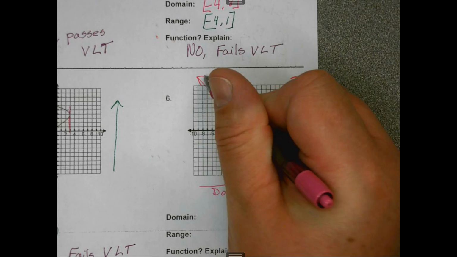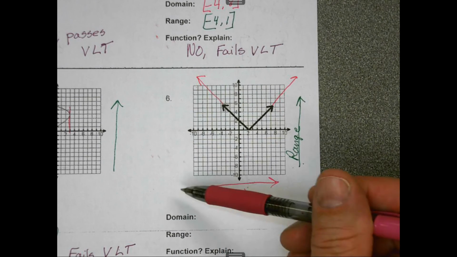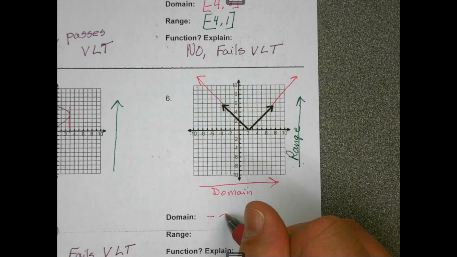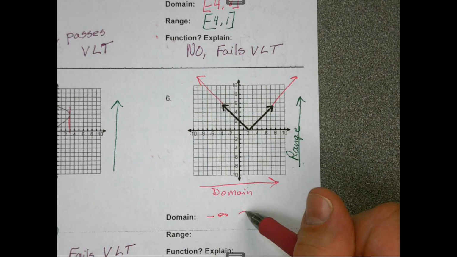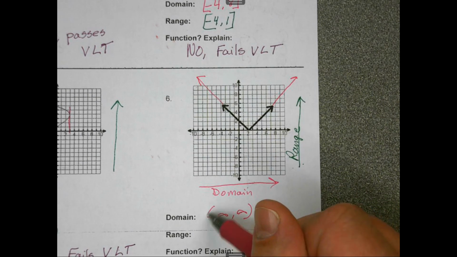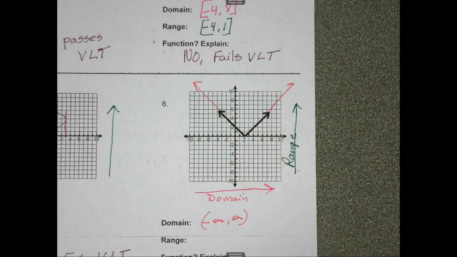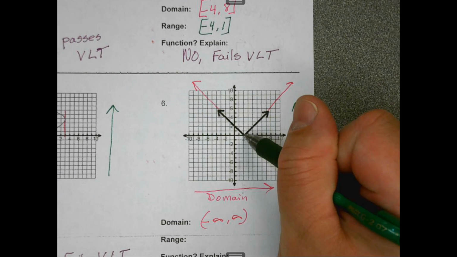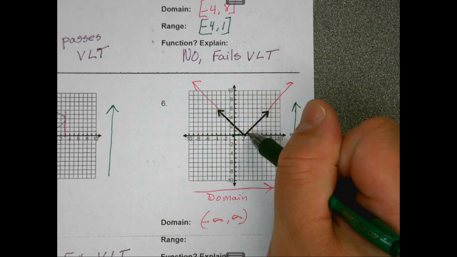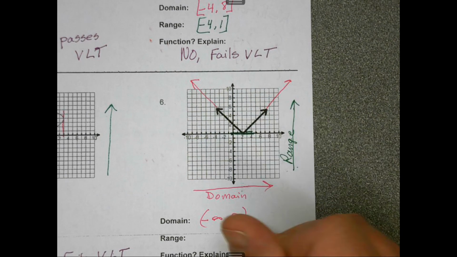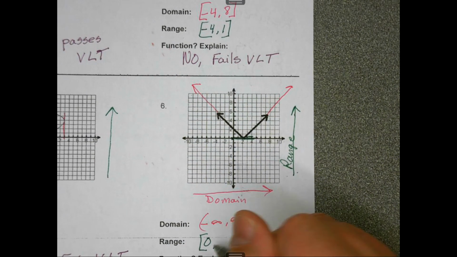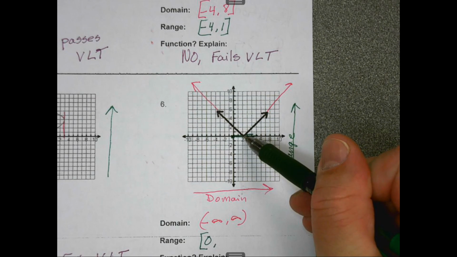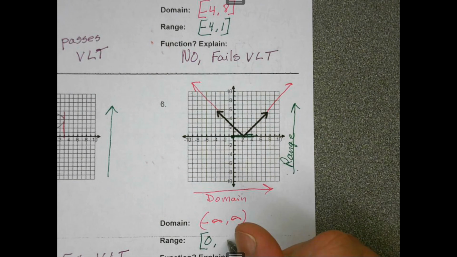This time, my domain is going to be from negative infinity to positive infinity. My range, the lowest point, is right here. Be careful, it's not 2. It's the y value here. So 0, and it includes that point 0 here. And then it goes up to positive infinity.